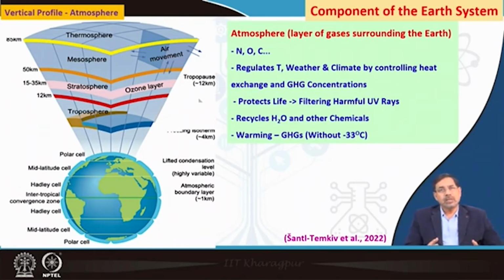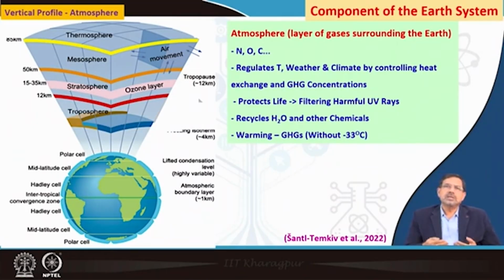Through the hydrological cycle, it also recycles the water and other chemicals. And also, as we know, we have a greenhouse gas layer blanket around the Earth, which is present in the atmosphere in terms of a kind of layer.